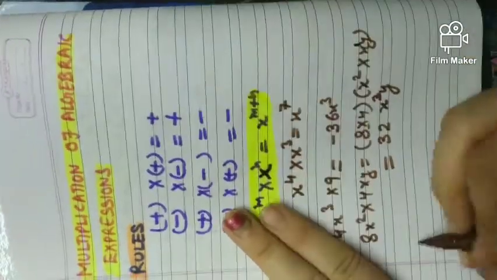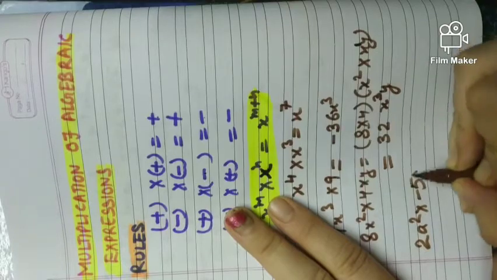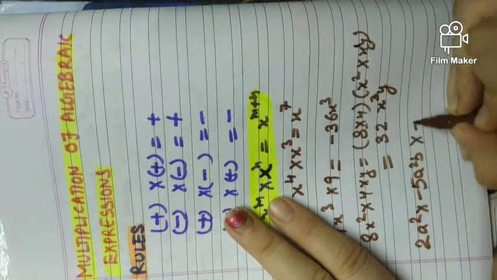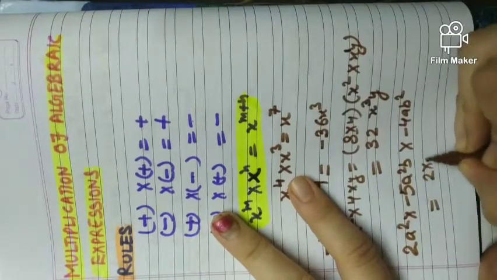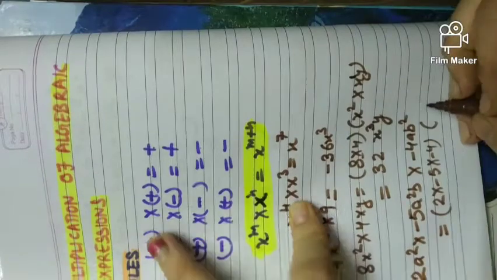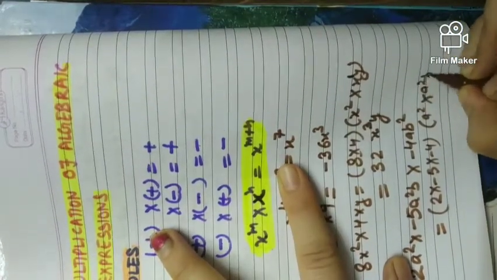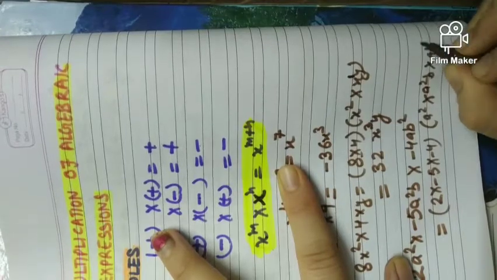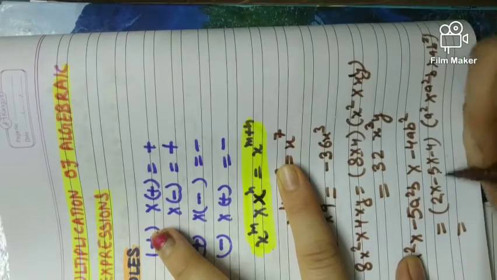Okay, now take one more example. 2a square into minus 5a square b into minus 4ab square. Beta, multiply the constants: 2 into minus 5 into minus 4. Now what variables will be left? Multiply them: a square into a square b into ab square. So see, 2 5s are 10, 10 into 4 is 40.